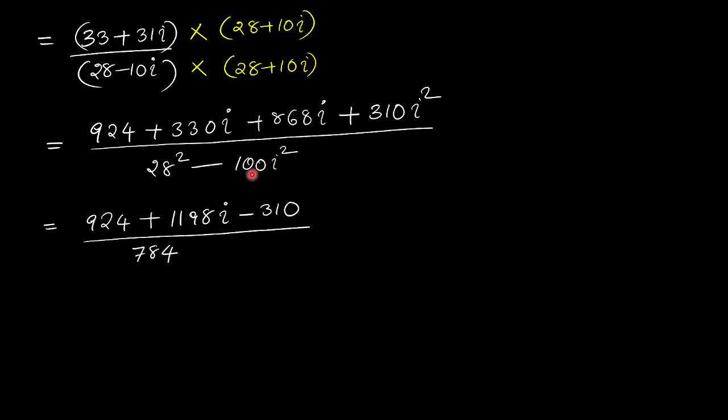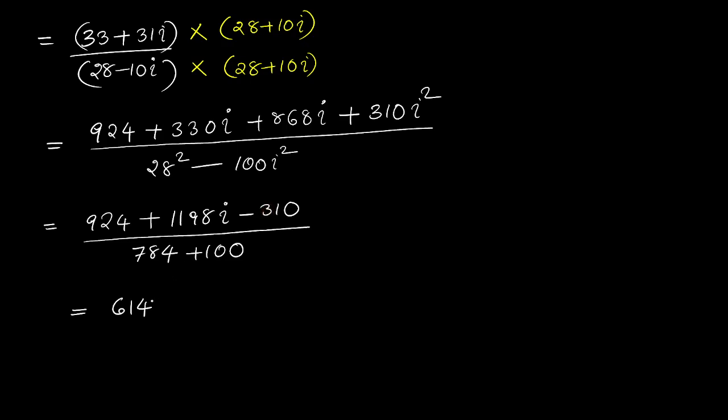This is minus 100 into minus 1. See, i square is minus 1. Minus 100 into minus 1 will be plus 100. I don't want to spend more time on this kind of calculation. 924 minus 310, 614.